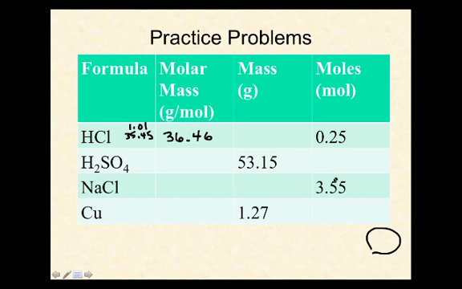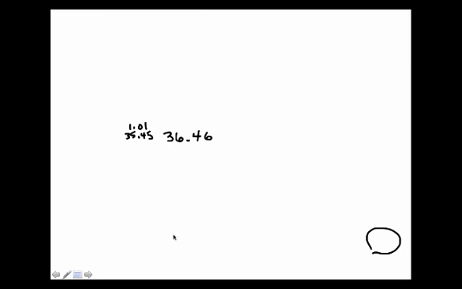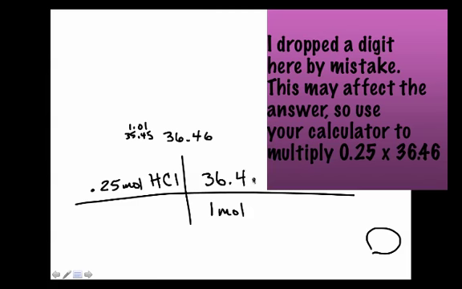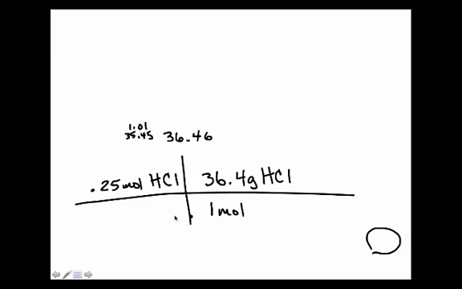We know we've got 0.25 moles, and so I want to use a blank screen here. All right, so if I'm starting with 0.25 moles of HCl, and for every 1 mole, it is going to weigh 36.46 grams, then how many grams is that altogether?